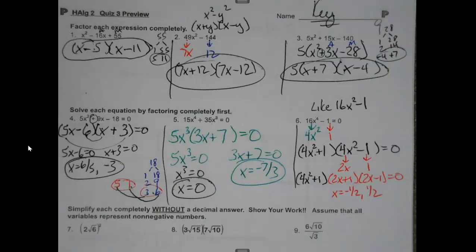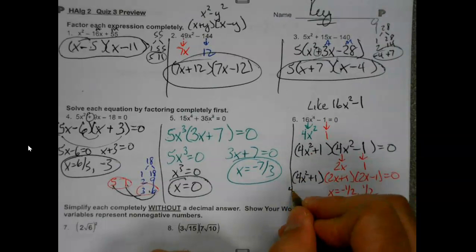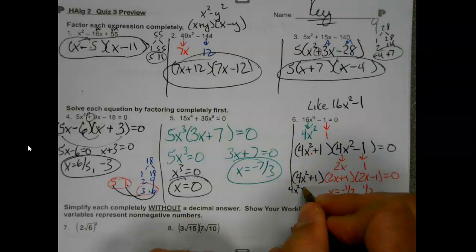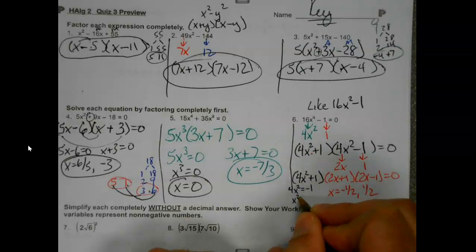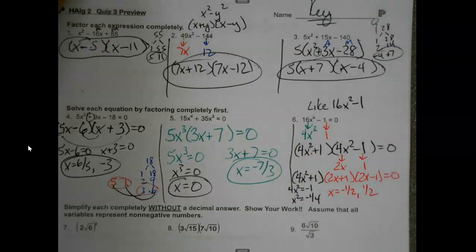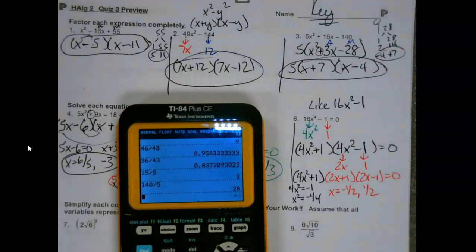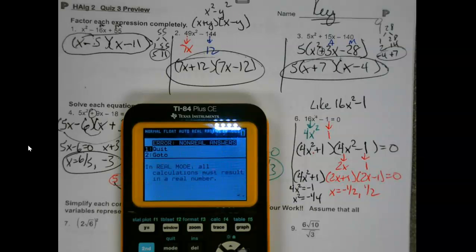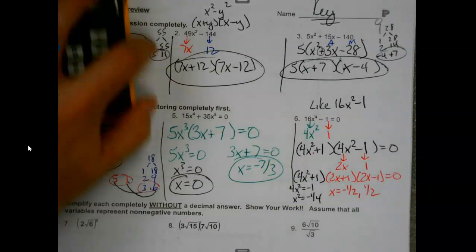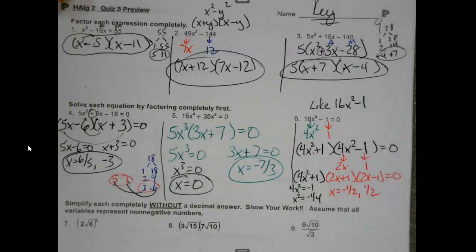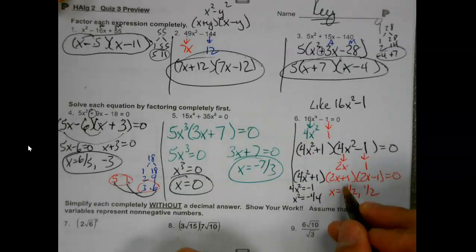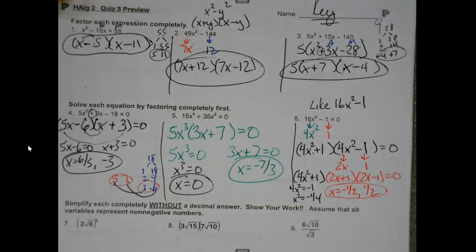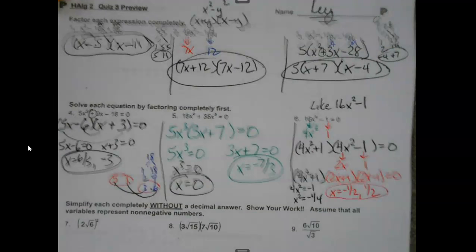So what about this one? So I grabbed my calculator. I'm like, this is kind of weird. So square root of negative 1/4. Already, I get an error message that says non-real answers. Okay, so I'm just going to kind of put this out there. If we have chatted about i at this point, we will go ahead and deal with this.